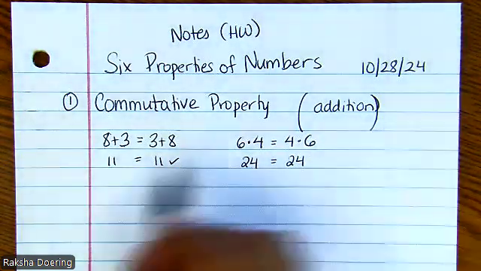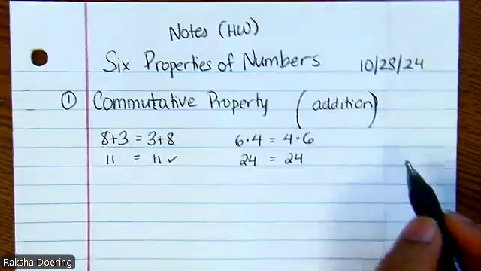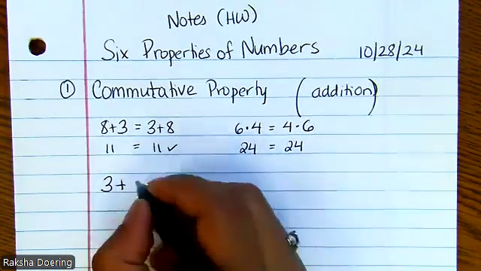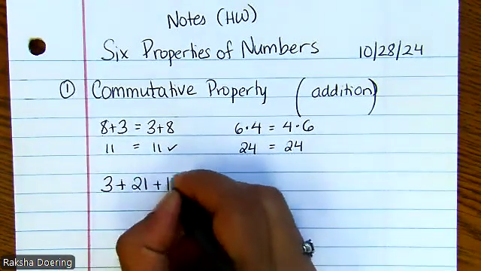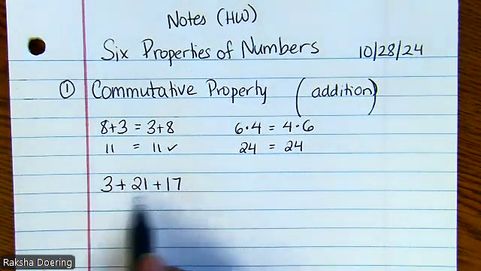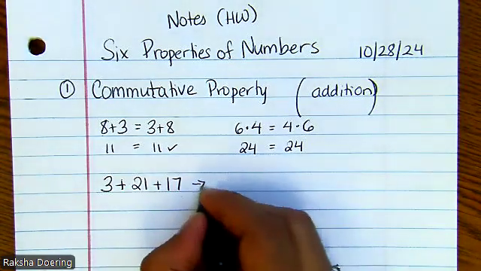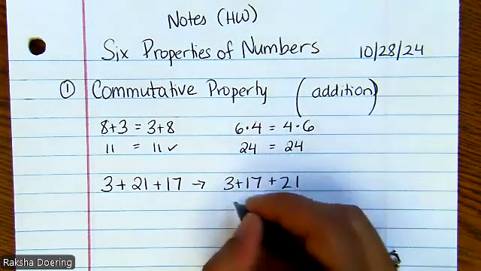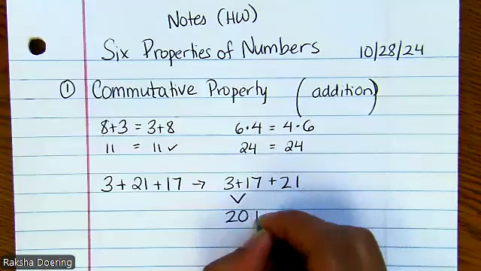And the commutative property works if I have multiple things going on. So if I had 3 plus 21 plus 17, I could put these in a different order to make my life easier. So I could say 3 plus 17 plus 21. And the 3 plus 17 becomes 20.